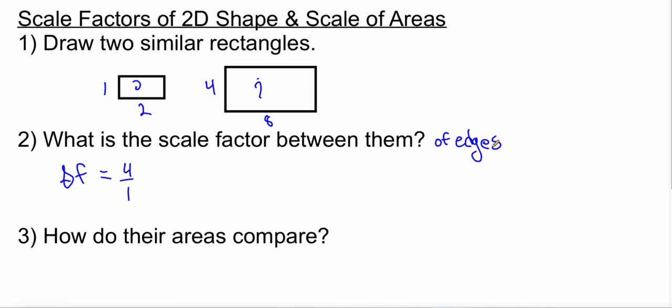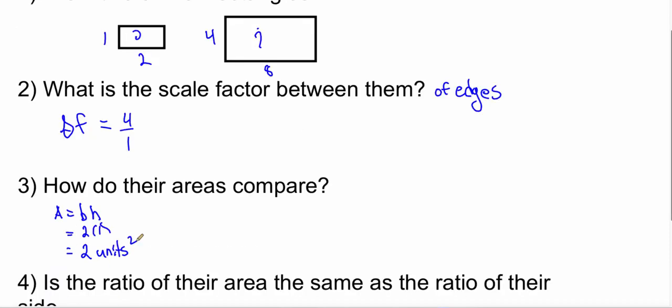Now, what about if we compare their areas? So let's look at the area of the first one. The area is equal to base times height, which is equal to 2 times 1. And that's going to give me 2 units squared. Now, let's look at the area of the second one. My area of the second one is, again, base times height, which is equal to 4 times 8.